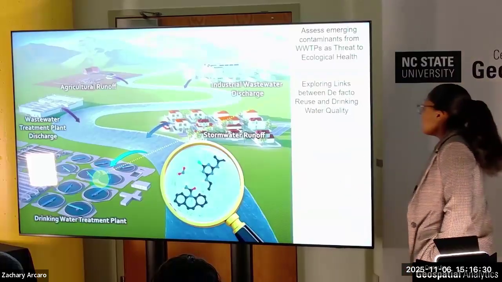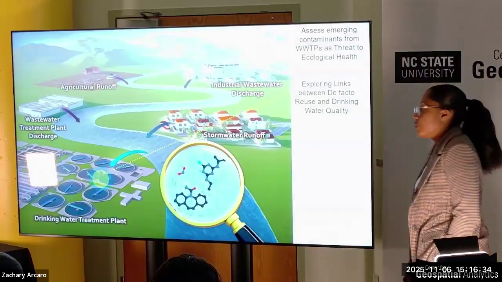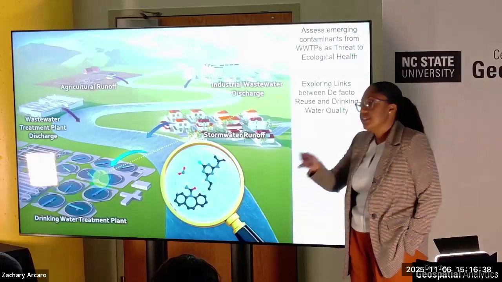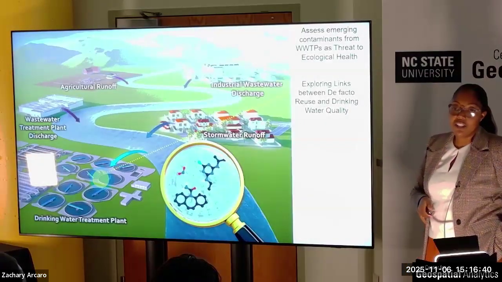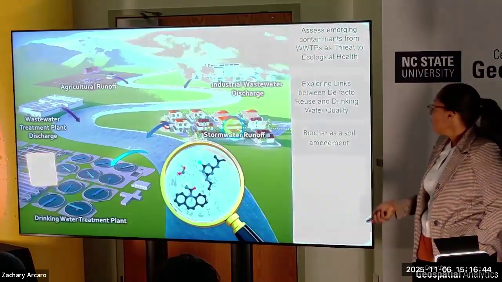We've been exploring links between de facto reuse and drinking water quality. So my PhD work was largely centered on the modeling of the occurrence. Since then, I've been trying to answer the question, why is it important, or is it important, right?